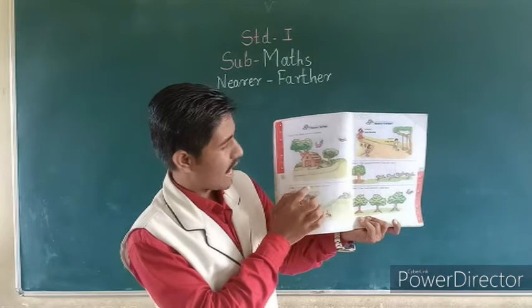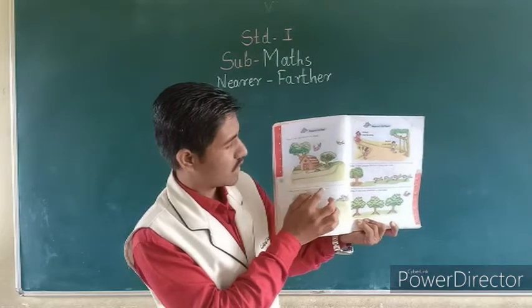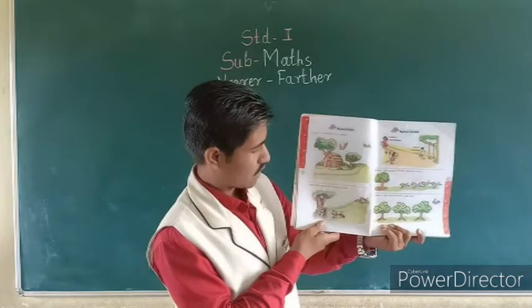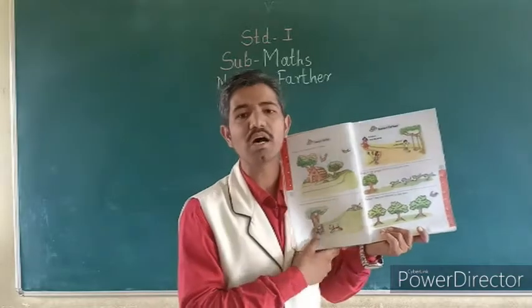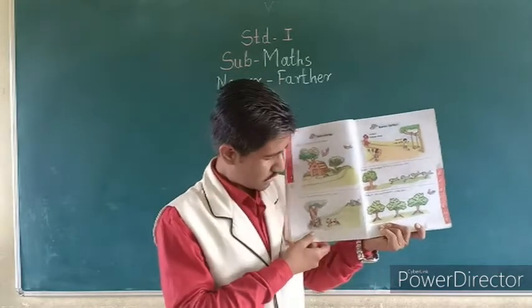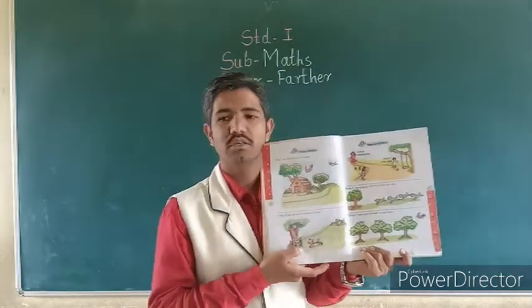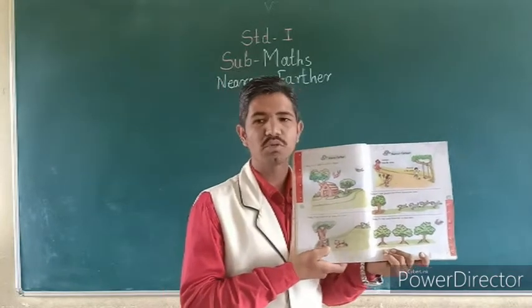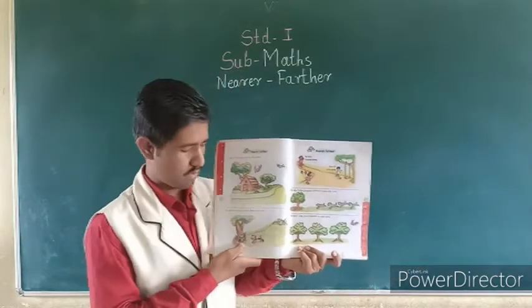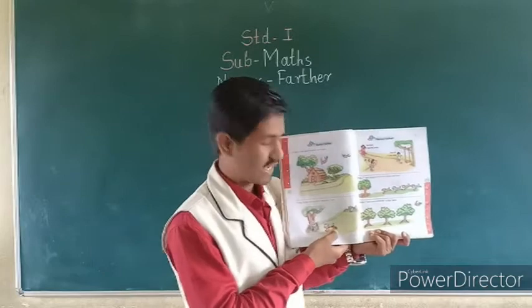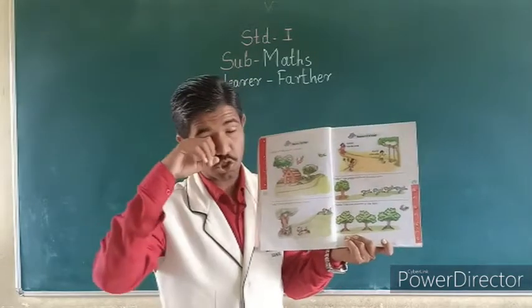Take the cat farther from the tree. There are two cats and one mouse. What do we say about that mouse? Mouse and two cats are there. They are playing with each other.